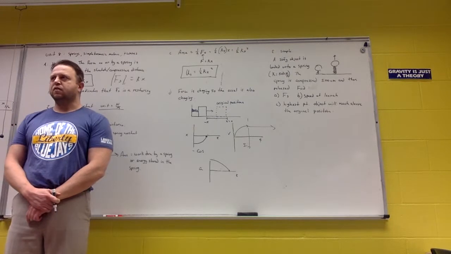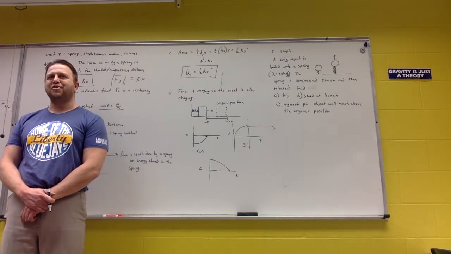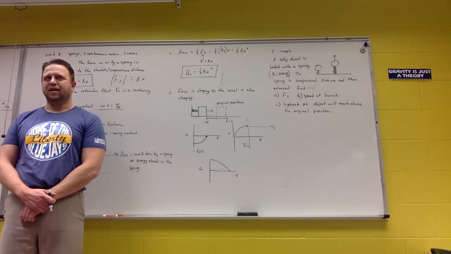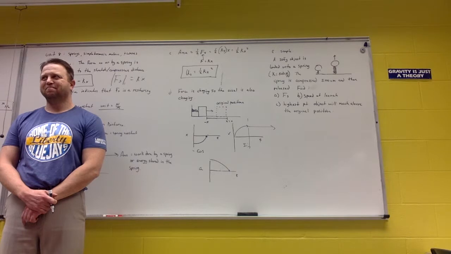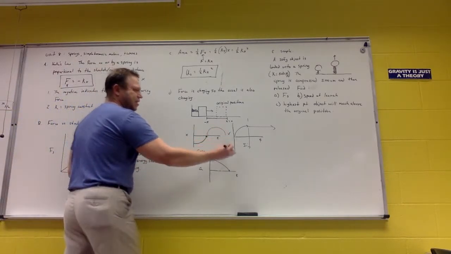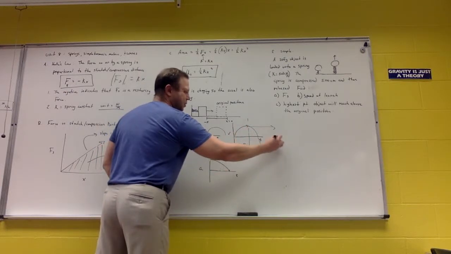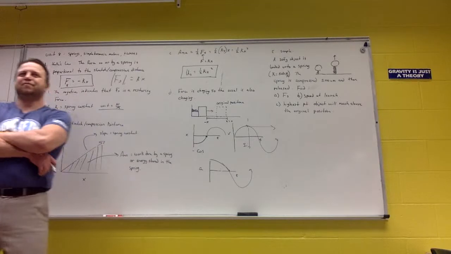The next phase of this is leaving the object attached to the spring. And if the object stays attached to the spring, what's going to happen with that graph now? This one's going to go like that. This one's going to go here. And this one's going to go here. Okay?